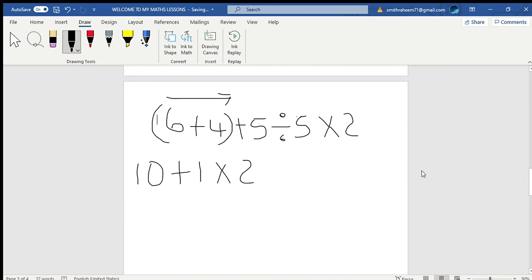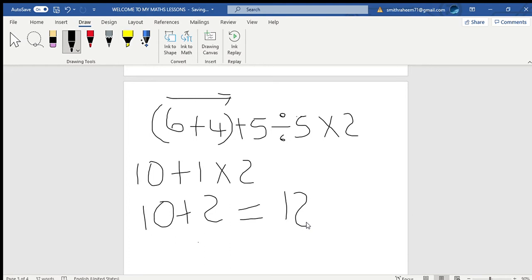We're going to do the multiplication first. So 2 times 1 is 2, and then we put plus 10. So 10 plus 2, and we all know that answer: 10 plus 2 is 12.